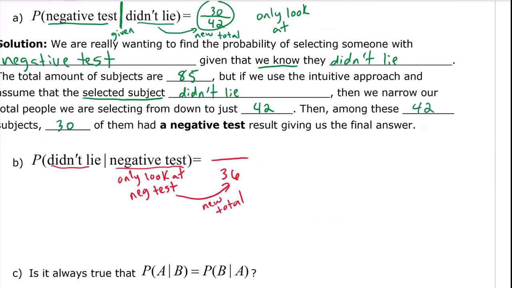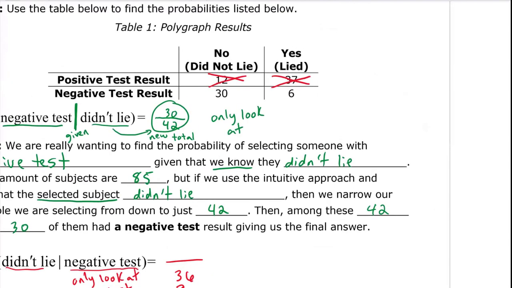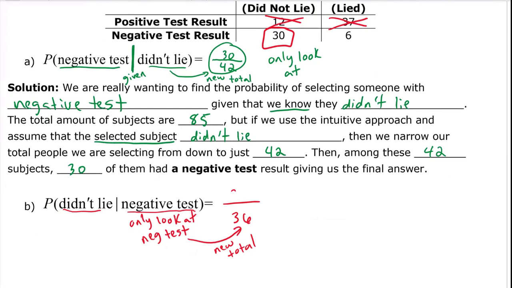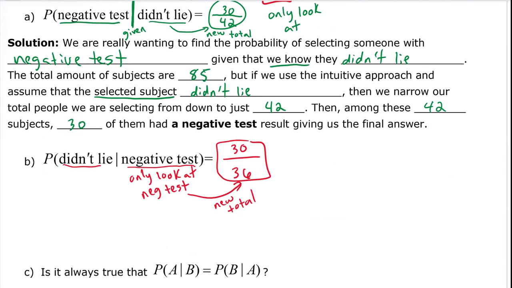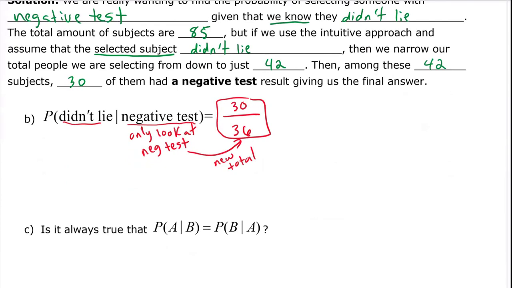So of the 36 people, how many of those 36 didn't lie? Well, what we haven't crossed out, the did not lie part, is 30 out of the 36. So 30 of the 36 didn't lie, given they had a negative test. And that's basically how you solve those problems.